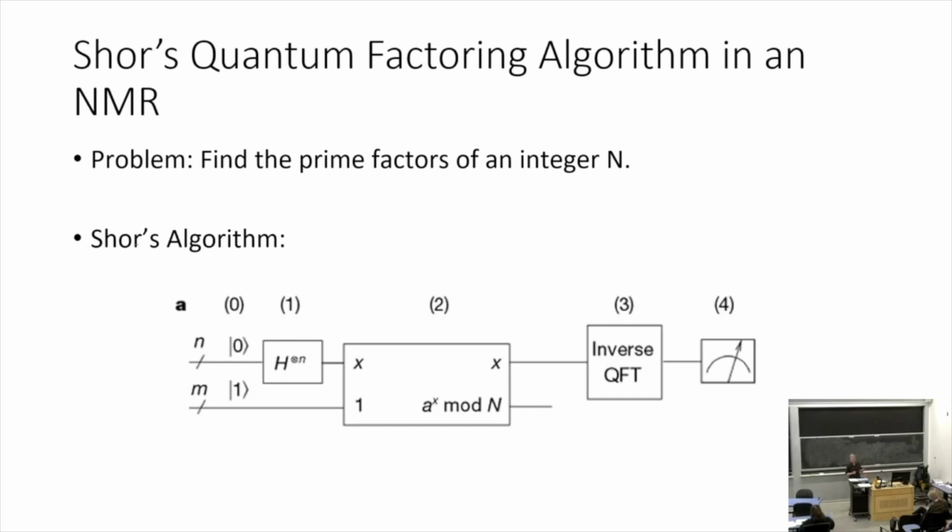And here a is randomly chosen to be some small number with no factors in common with n. And this is done for 2 to the little n values of x in parallel.